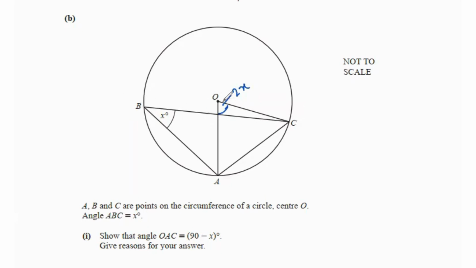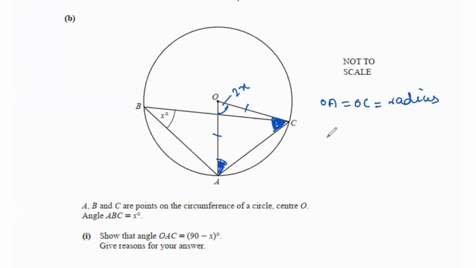And since OA and OC are equal and are basically the radius of the circle, this is an isosceles triangle. So this angle is equal to this angle.